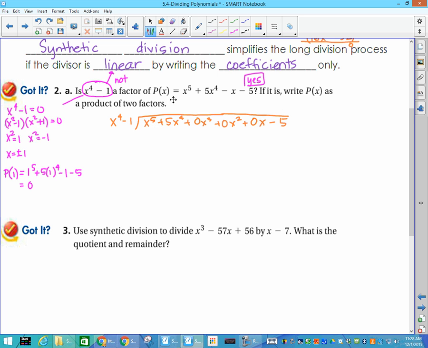Okay? x to the 4th times what gives you x to the 5th? Well, that's x. So I'm going to put it over here. And I'm going to multiply x times negative 1, which is negative x, and x times x to the 4th, which is x to the 5th.